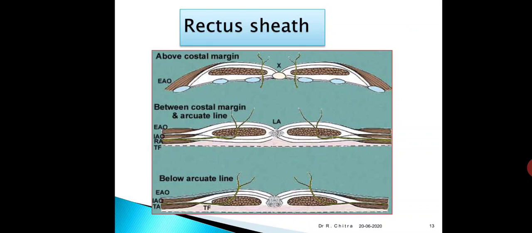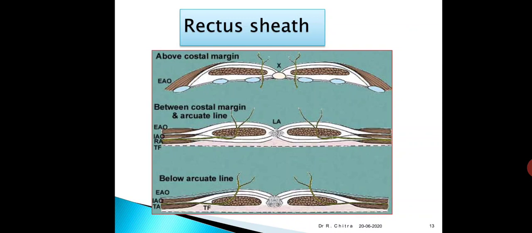Above the costal margin, the anterior wall is formed only by the external oblique aponeurosis, and the rectus abdominis muscle rests on the 5th, 6th and 7th costal cartilages. Between the costal margin and arcuate line only, the rectus sheath is complete, anterior and posterior.